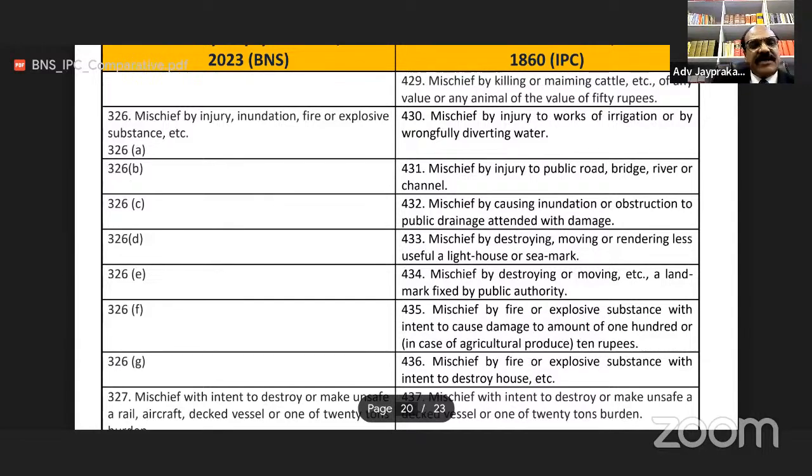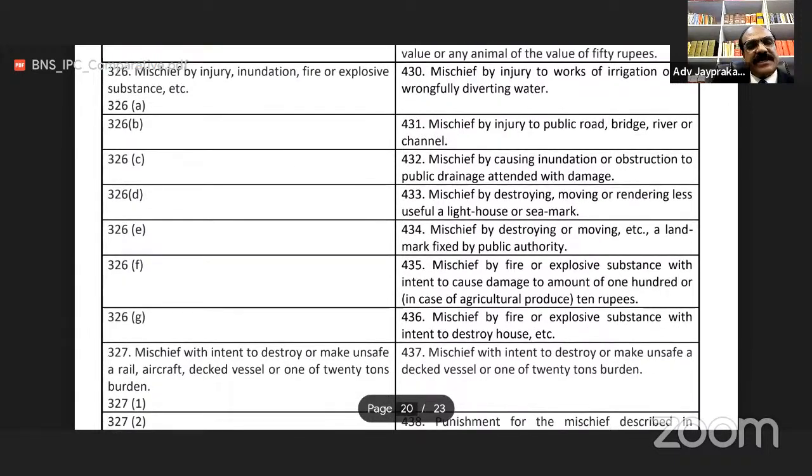BNS section 326C, mischief by causing inundation or obstruction to public drainage attended with damage. BNS section 326D, mischief by destroying, moving or rendering less useful a lighthouse or sea mark.